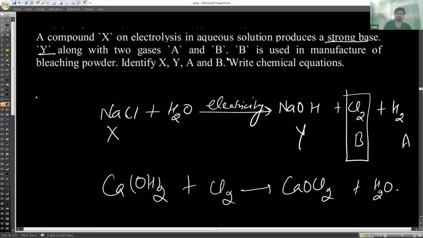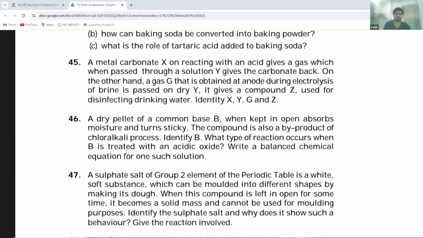Note down question number 46 in your copy. Is it visible now? Not visible. Now it's visible. Okay. 46, right? Sir, which question?